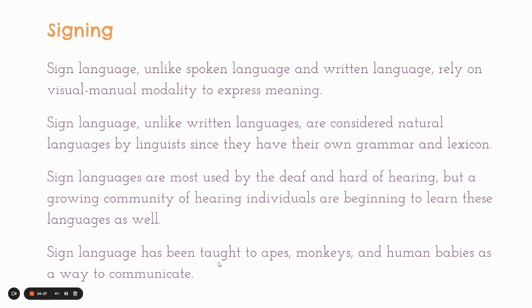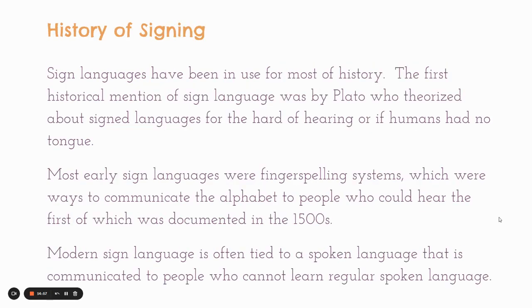So that's a pretty cool thing that we've learned. Apes and monkeys have learned up to 60 to 80 words in sign language, which makes it really easy for us to communicate with them. There's some pretty interesting work there if you want to look into what we've been teaching apes and monkeys so that we can more easily communicate with them.